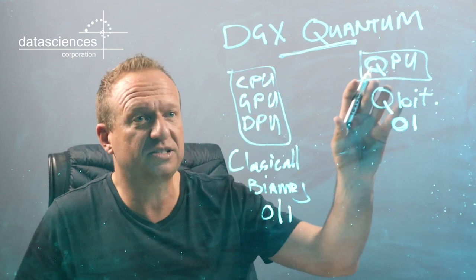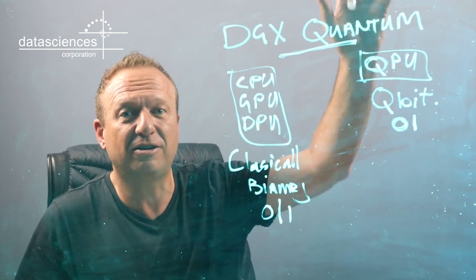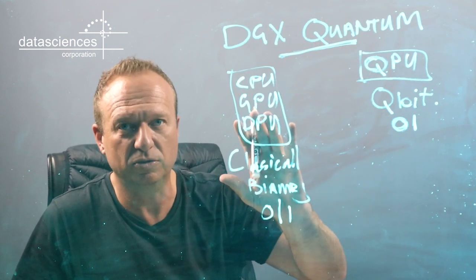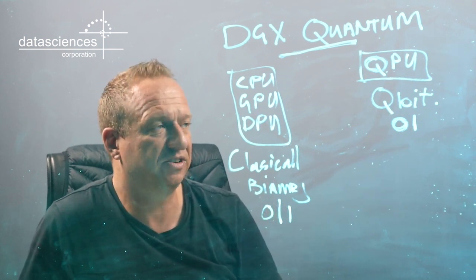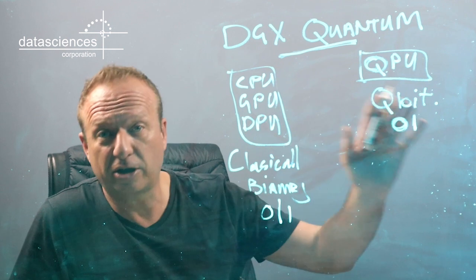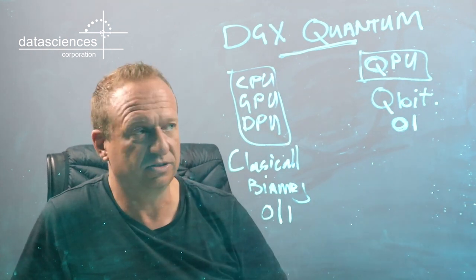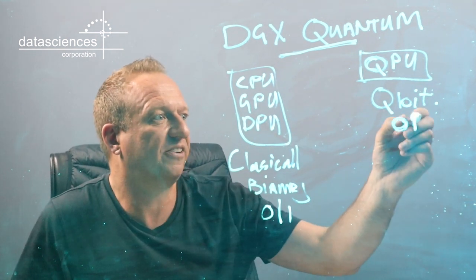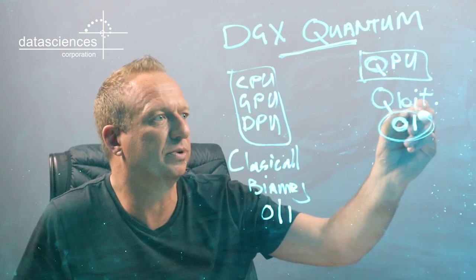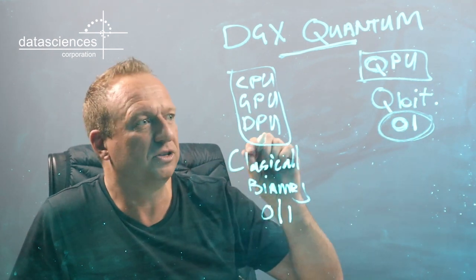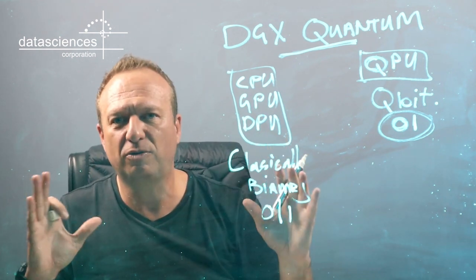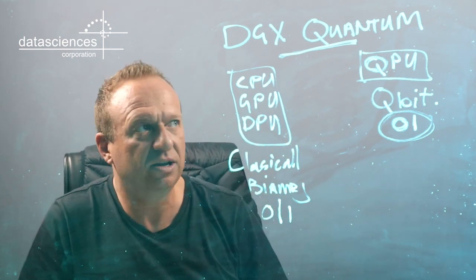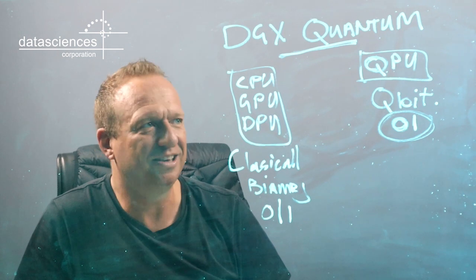And the reason for this is that we're dealing with two completely different sets of physics rules, right? Quantum mechanics versus our normal physics that we've got here. We're not going to go into that because it's just crazy. But suffice to say, because those qubits can exist in two different states at the same time, it is an order of magnitude more processing power that a quantum computer gives you.